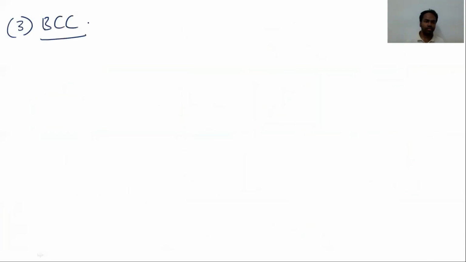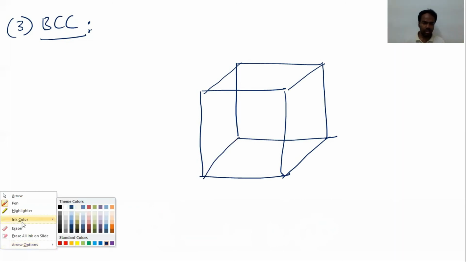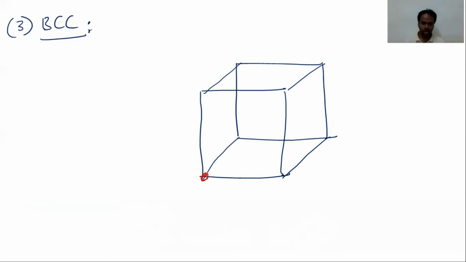So next one is BCC. Let us draw the BCC lattice, BCC unit cell diagram. In BCC, the lattice points are present at corners and the center of the body, or center of the unit cell.